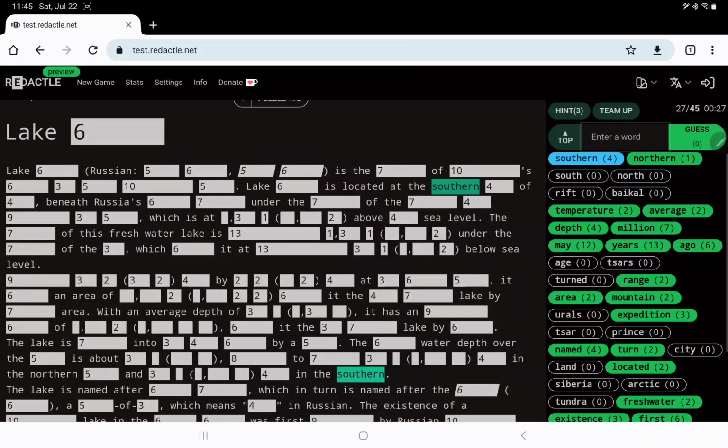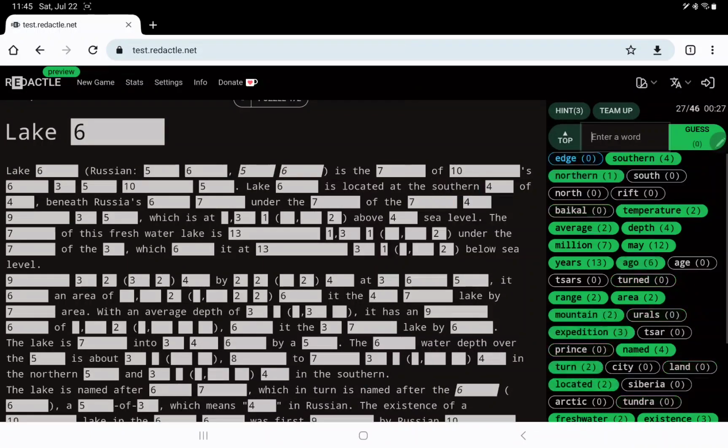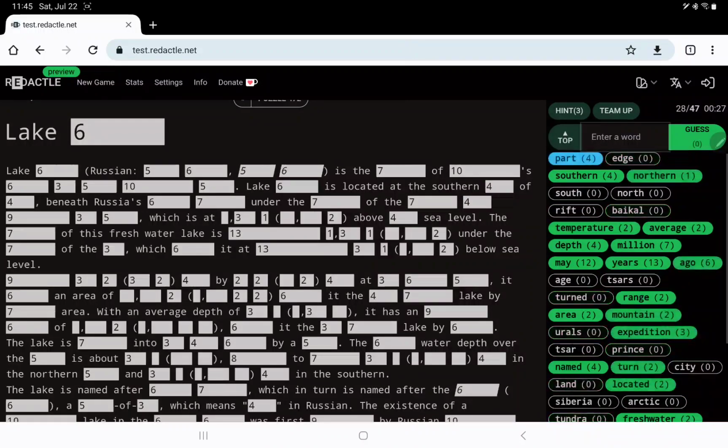But it is located at the southern edge, no, the southern part. No, the southern side, the southern blank of 4. The southern, my goodness, what could that be? At the southern blank of, and then what is 4?